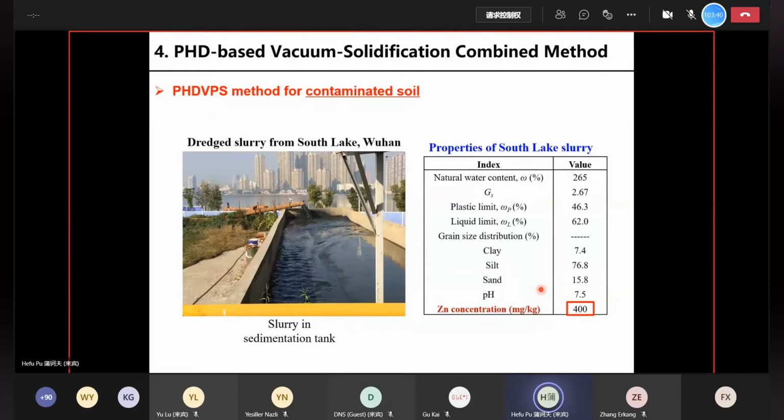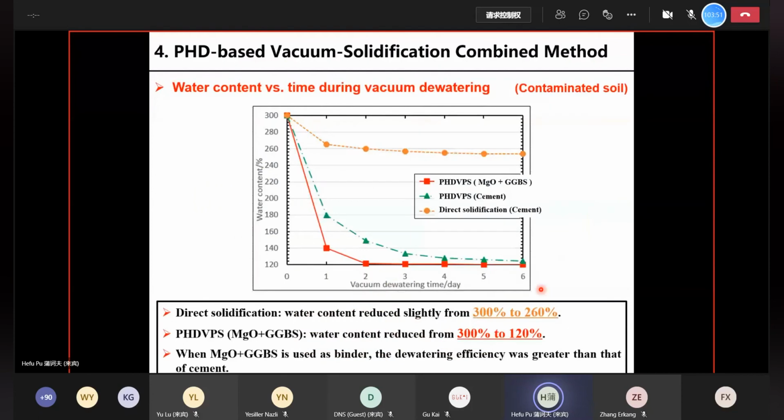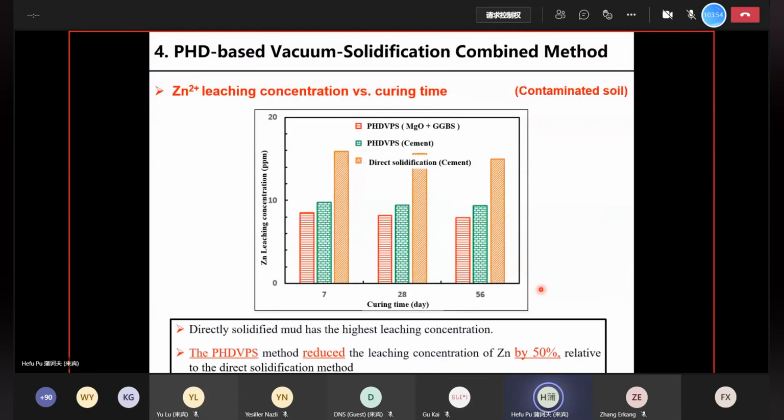So in addition to the clean mud, we also look at the contaminated mud to look at the stabilization effect. I will go quickly here. This is the leaching concentration of heavy metal zinc, and you can see that the direct solidification has the highest leaching concentration. And when we use the PhD VPS method, that can reduce the zinc concentration by about 50%.